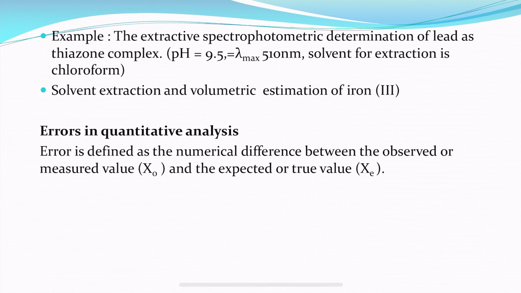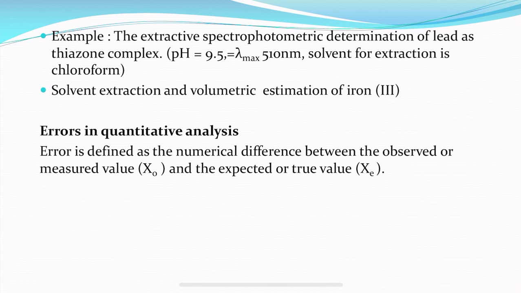Urea is in solid state, and if we have synthesized any derivative of urea, I will be expecting the melting point to be near the expected or true value, that is of urea, because this is a derivative of urea. So I will be expecting the melting point to come closer to the known melting point of urea. I hope you understood this. That is why there will always be an expected or true value.